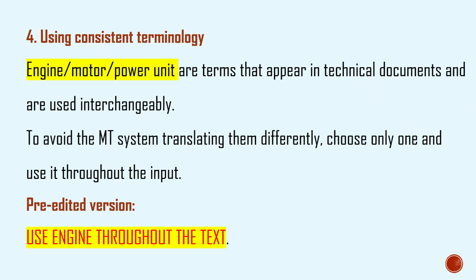To avoid the machine translation system translating them differently, we should choose only one and use it throughout the input. So, in the pre-edited version, we must choose either engine, motor, or power unit.